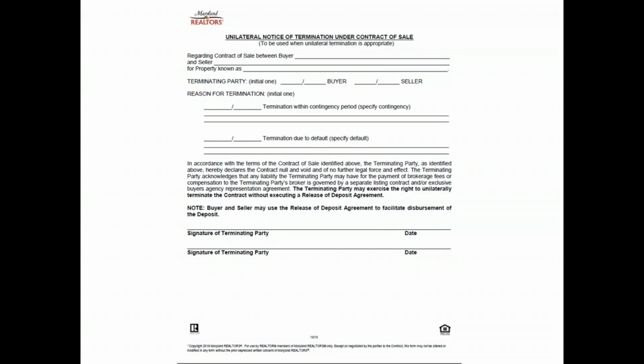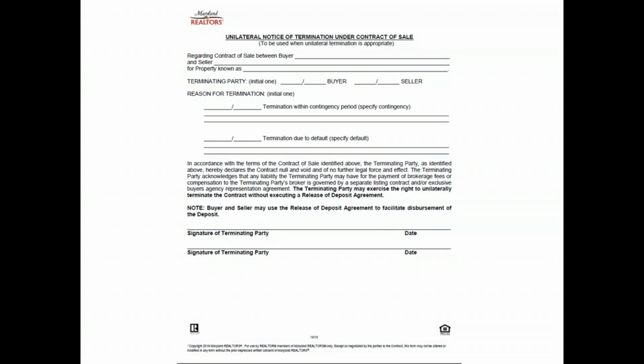Are there any questions on these terminations at all, Jeff? No? Just that, as it relates to a deposit, they don't have to use the release of deposit agreement if they want to use a different form to mutually agree, or do it via email and have mutual agreement presented that way.